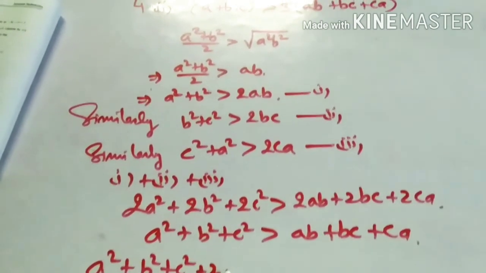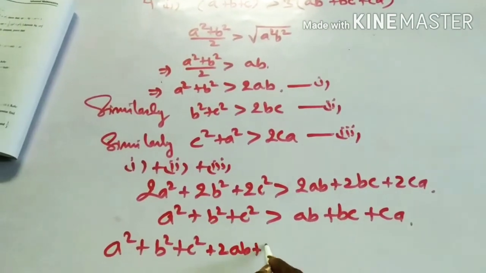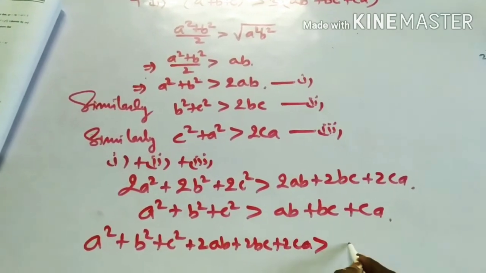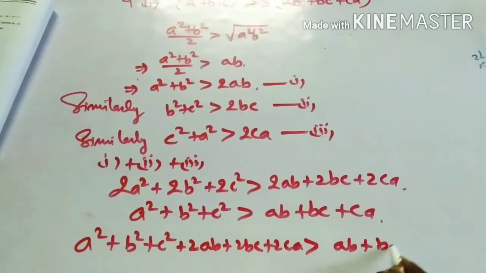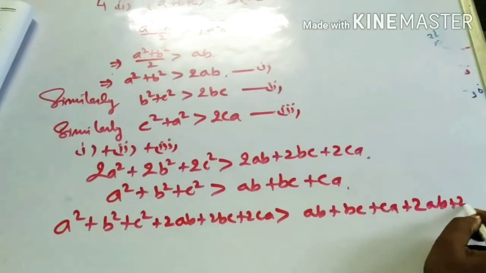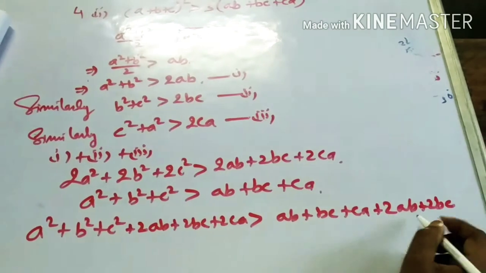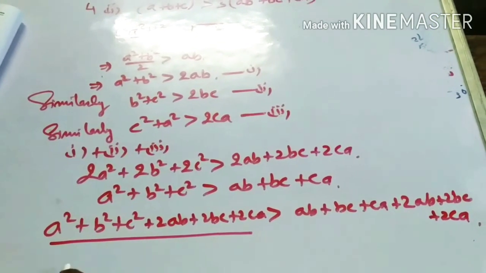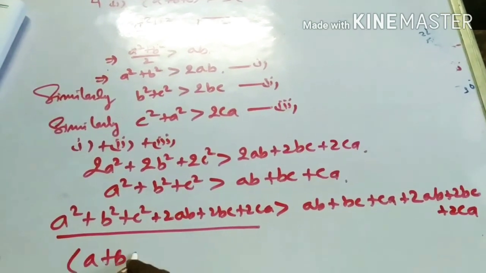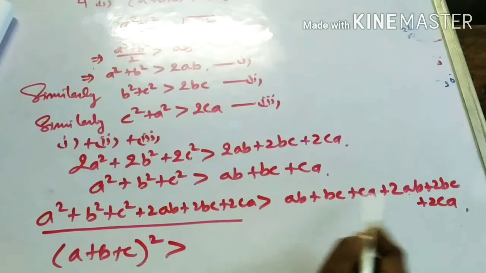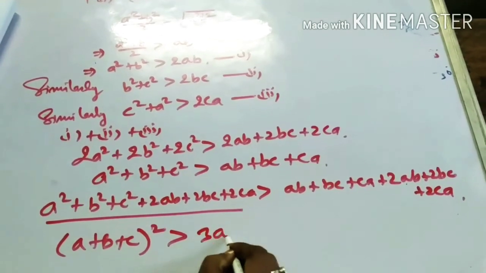I am going to add plus 2AB plus 2BC plus 2CA on both sides. AB plus BC plus CA plus 2AB plus 2BC plus 2CA. So this becomes (A plus B plus C) the whole square greater than, 2AB plus AB, this is 3AB.